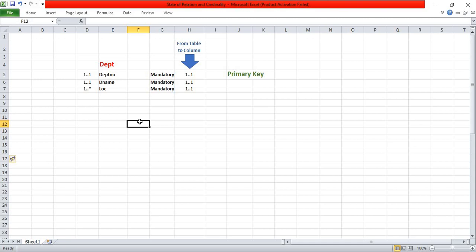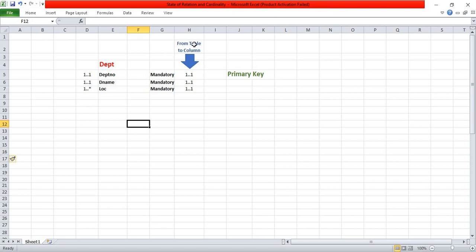So what do I mean by cardinality? Here, I'm talking about cardinality from table to column. From table to column, what is the cardinality of each column? This table is about departments.